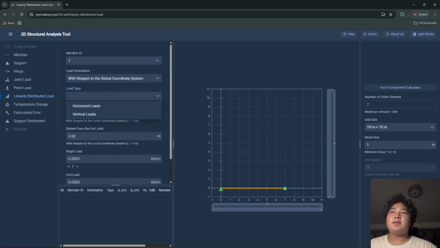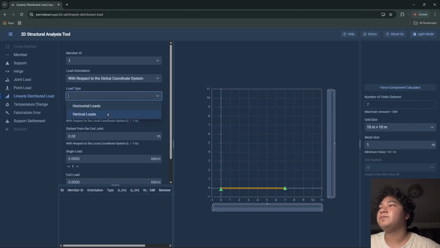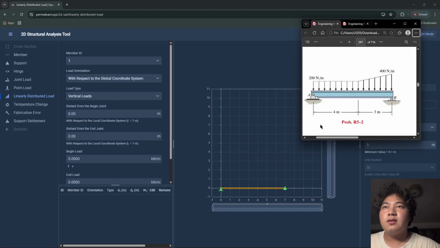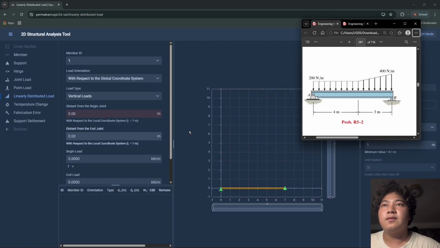You have to look at the load: is it horizontal or vertical? As you can see, there's no horizontal load, only vertical load. So you select vertical load, and the distance from the begin joint, from here to here, is actually 0 to 4. So you put 0 first. The distance from the end joint is the distance from this B to this point here, which is 7 minus 4.